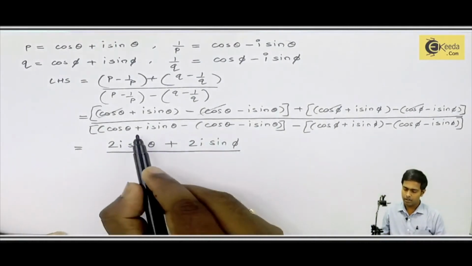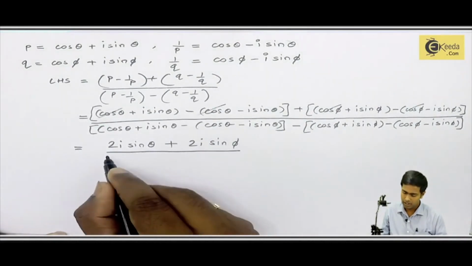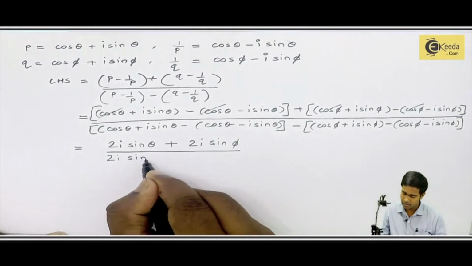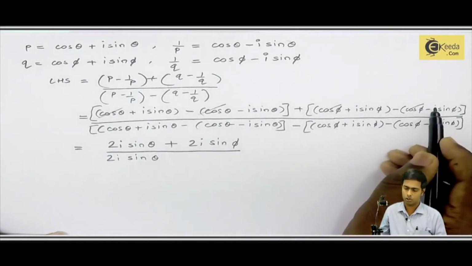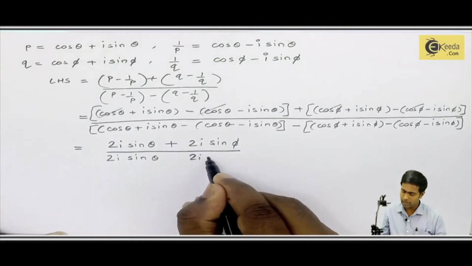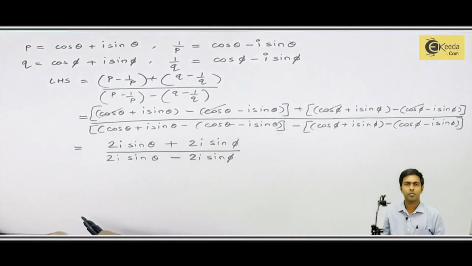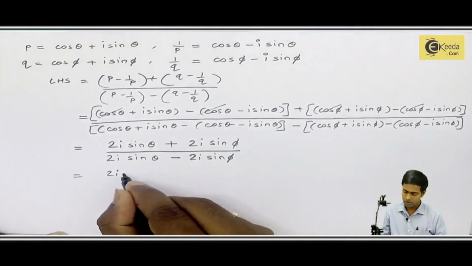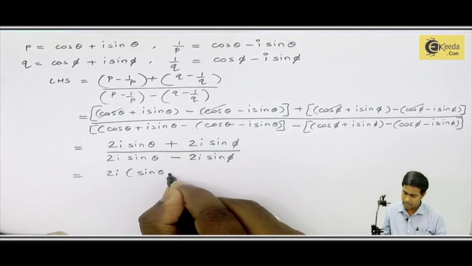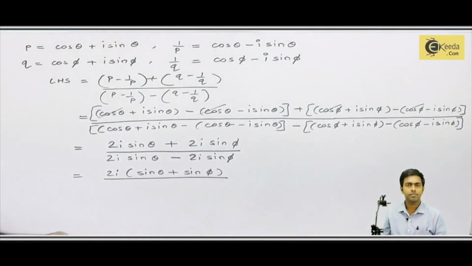In the denominator same term is there, so we will get the same answer, that is 2i sin theta, and this term is also similar to the term in the numerator, so here we will get 2i sin phi and middle sign is negative. So from the numerator we can take 2i common, sin theta and sin phi will remain in bracket.